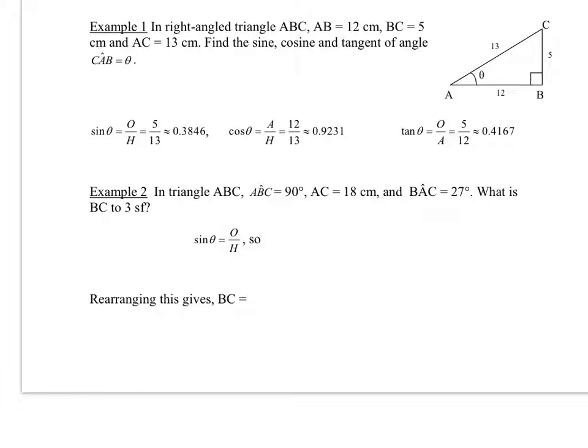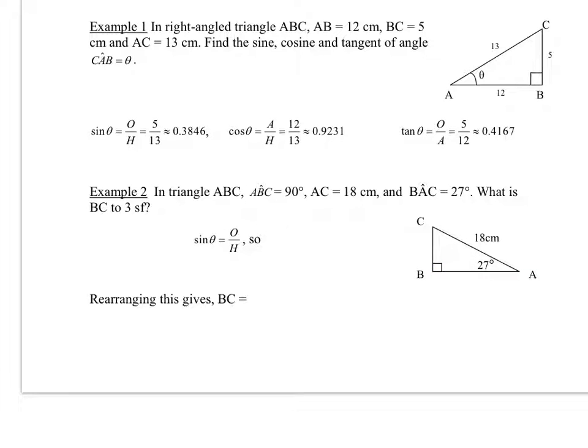Well, the first thing to do with a question like this would be to draw the actual triangle. And the actual triangle should look a little bit like this. If you're trying to draw that, try and draw this angle here first. Angle ABC is 90, so your B should be labeling the 90 degrees.